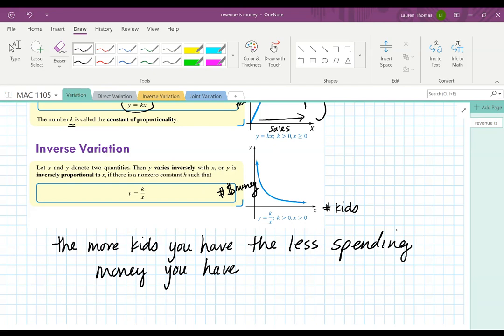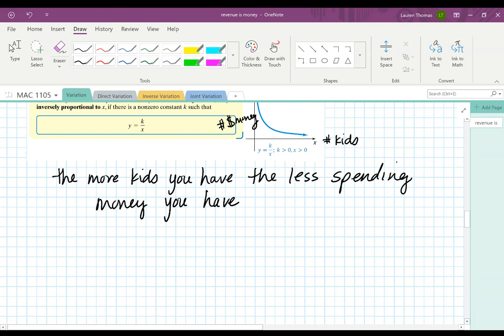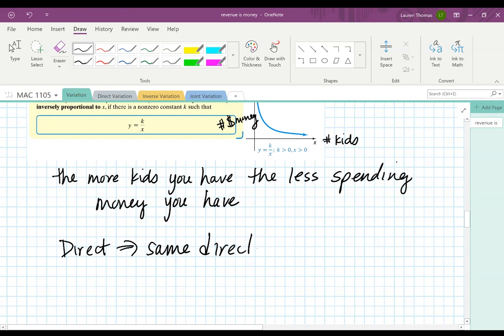For direct proportion, they were moving in the same direction. For inverse variation, they're moving in different directions. So direct: same direction. Inverse: different direction.